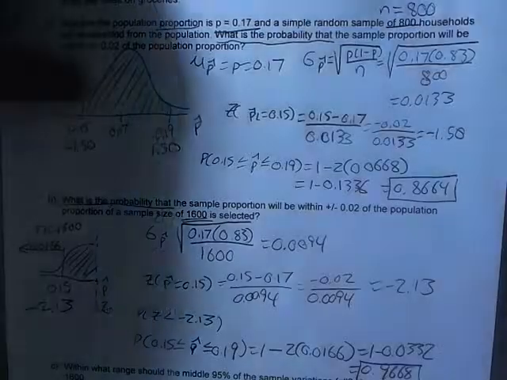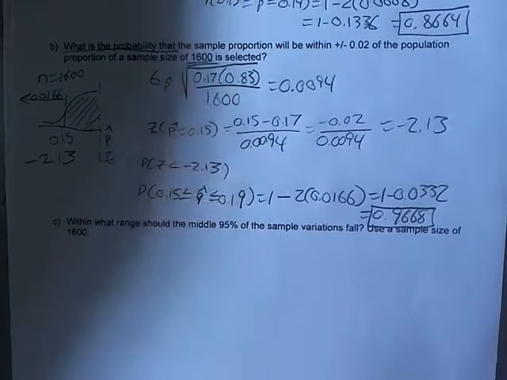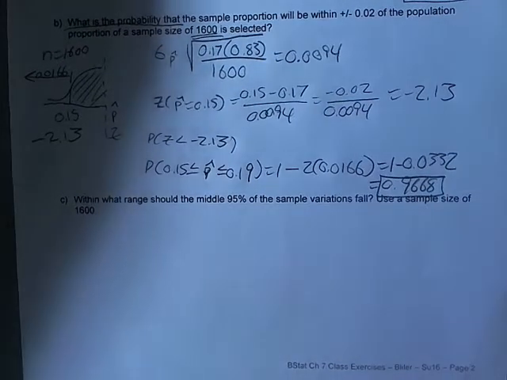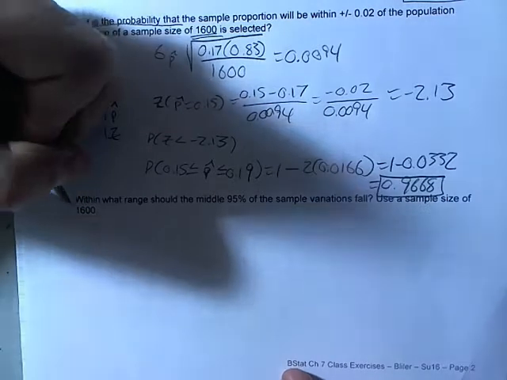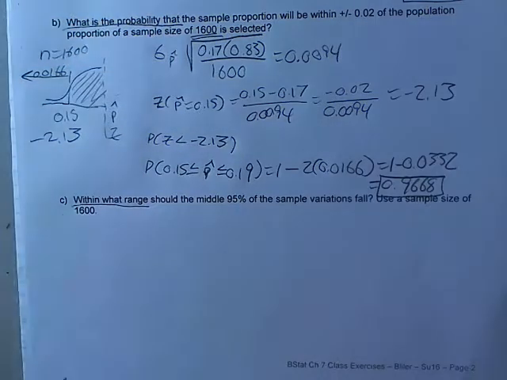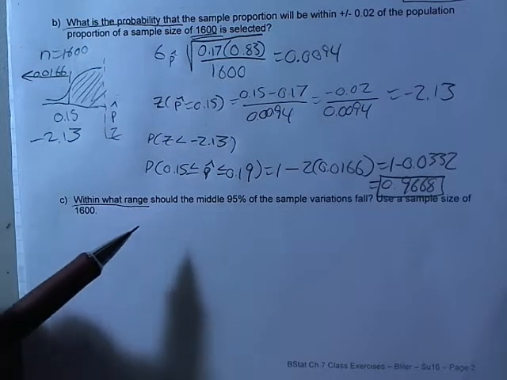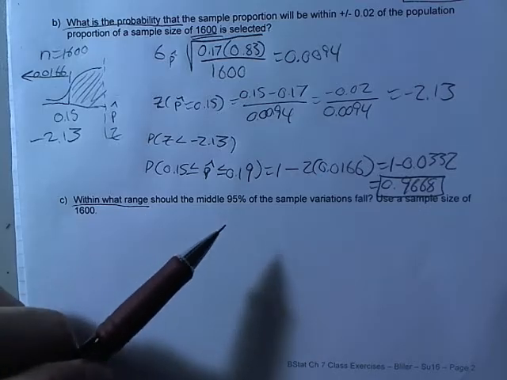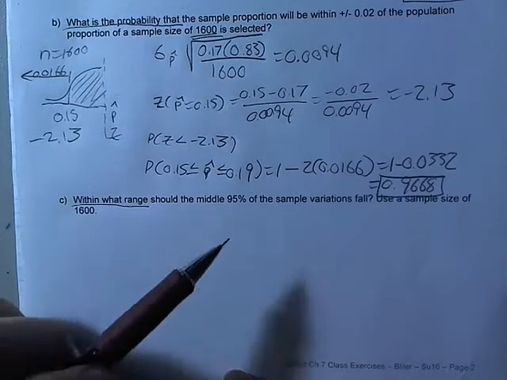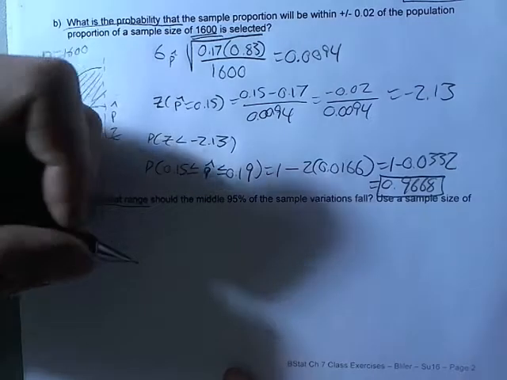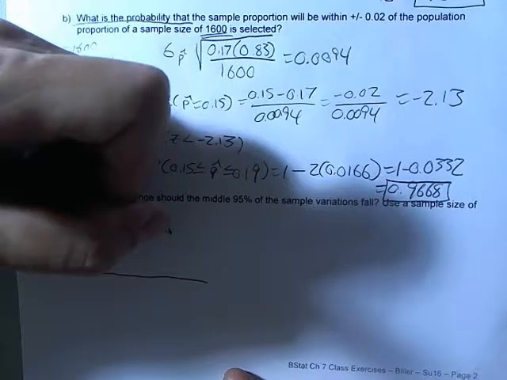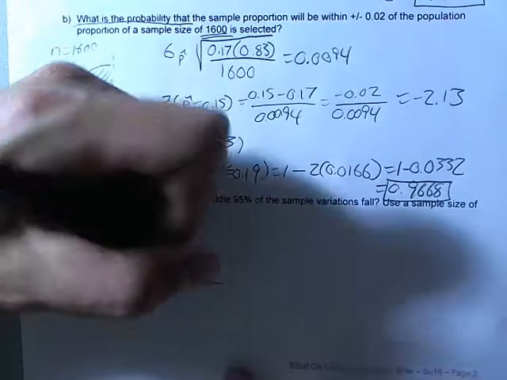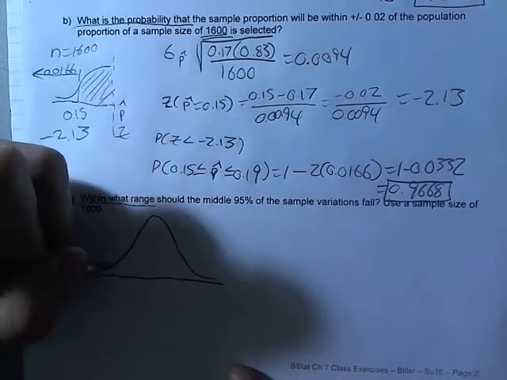Alright, good work. Let's move to part C and finish up this exercise. Part C asks us within what range. So when I see that, I'm thinking a lower and upper p-hat boundary value should the middle 95% of the sample variations fall. So let's go ahead and sketch this out so we have a good intuitive sense of what we're working with.